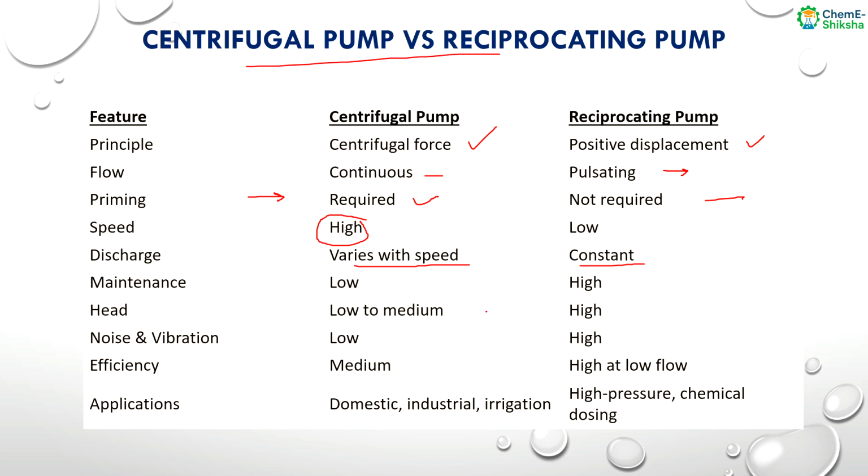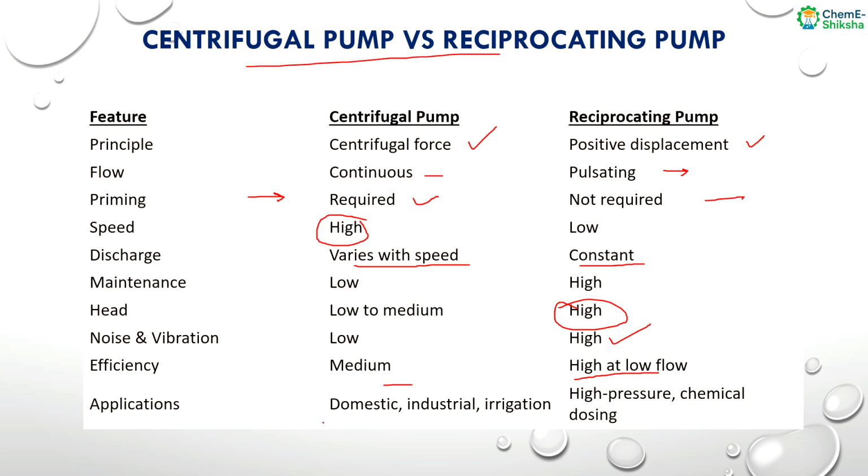The head, as I told you, the reciprocating pump is used for a higher head, so the head developed by the reciprocating pump is much higher than the centrifugal pump. The problem of pulsation, noise, and vibration is present in the reciprocating pump, not in the centrifugal pump. Efficiency is medium for the centrifugal pump, and for the reciprocating pump it is high at low flow.